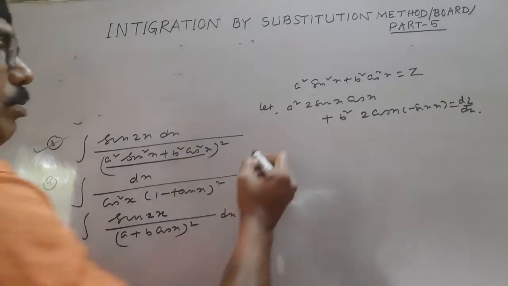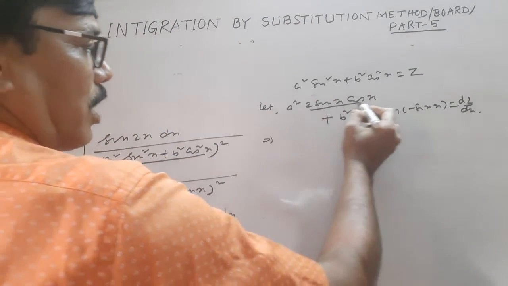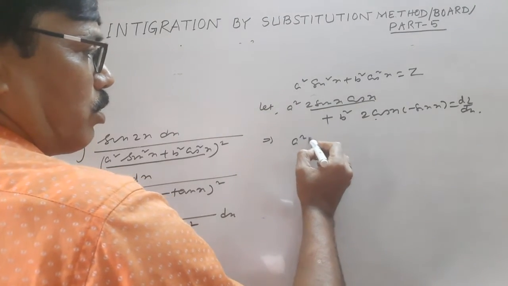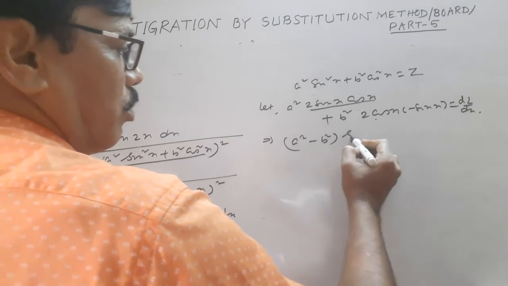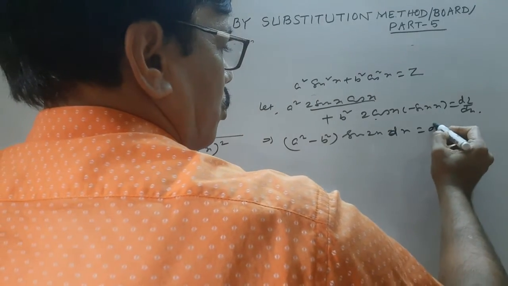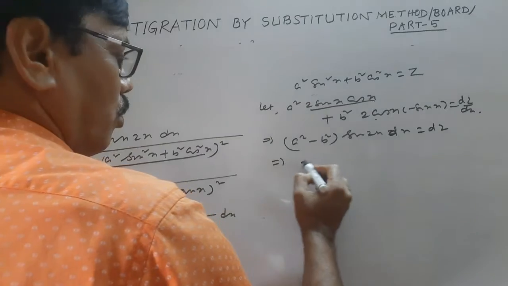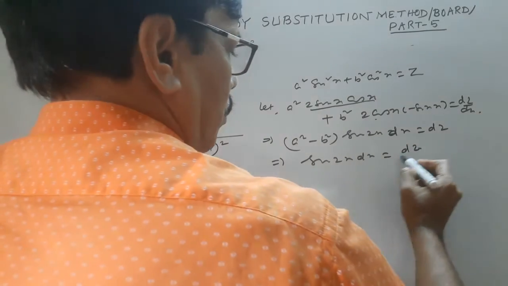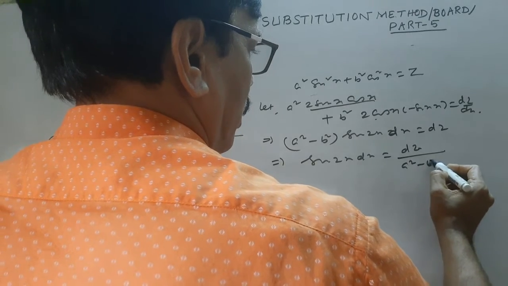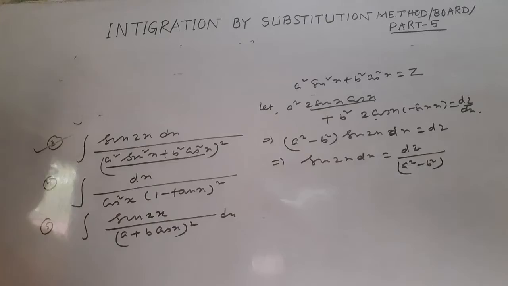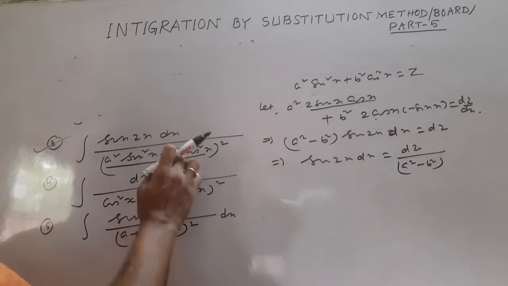Derivative of function of function. So this is sin 2x, this is also sin 2x. So (a^2 minus b^2) into sin 2x into dx equals dz. So what is sin 2x dx? dz by (a^2 minus b^2). So look, we are getting sin 2x.